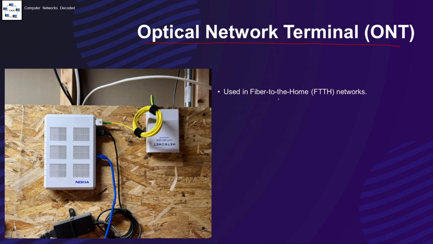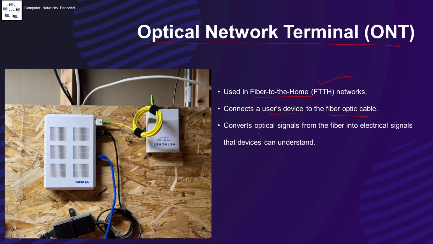It is used in fiber to the home or FTTH networks, and it connects a user's device to the fiber optic cable. It basically converts optical signals from the fiber into electric signals that devices can understand.